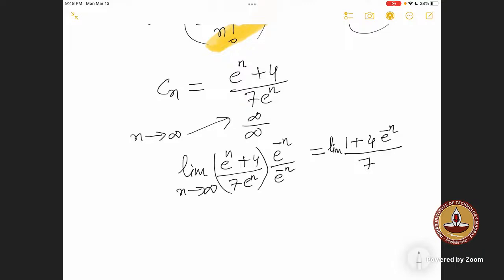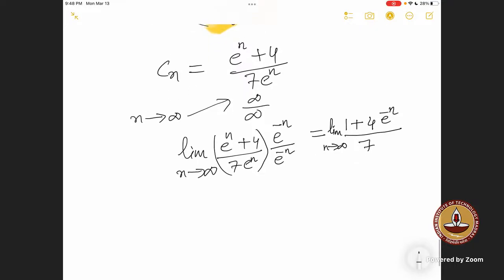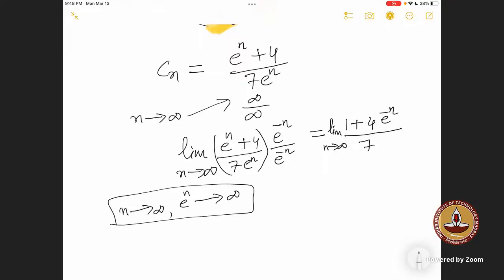Is that clear for everyone? Yes, sir. Now we are making use of this fact: as n tends to infinity, e power n will tend to infinity, right? Now what happens to e power minus n? As n tends to infinity, e power minus n is simply 1 by e power n, so it will tend to 0.